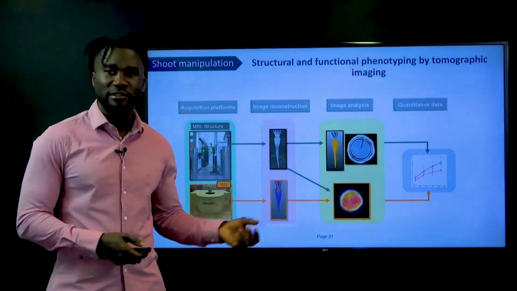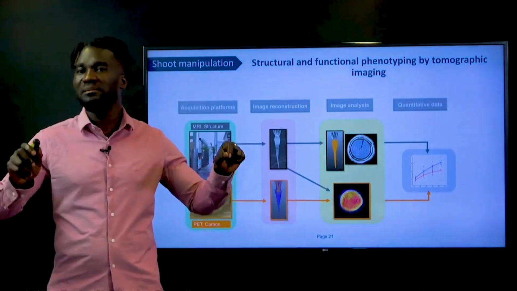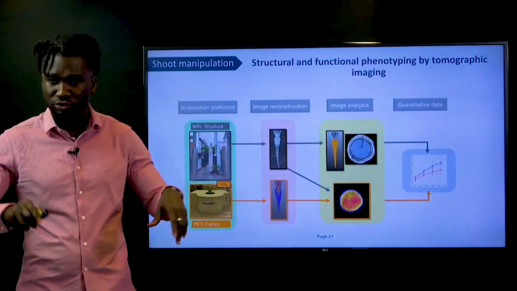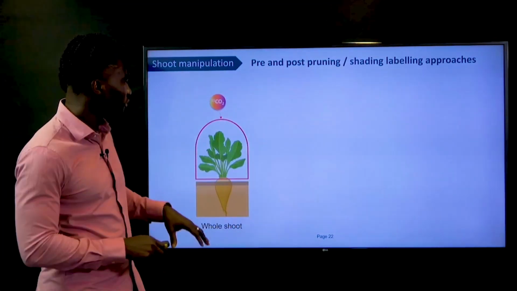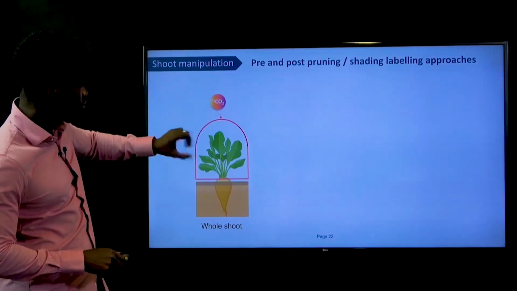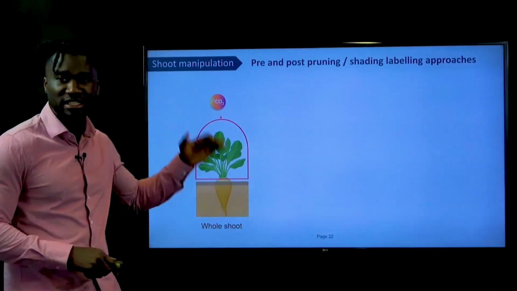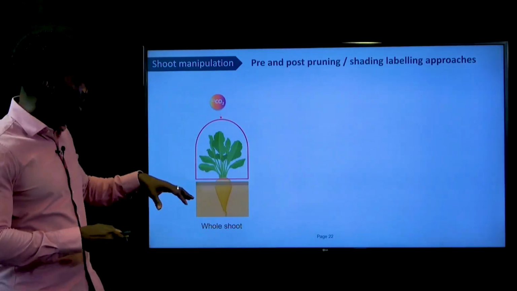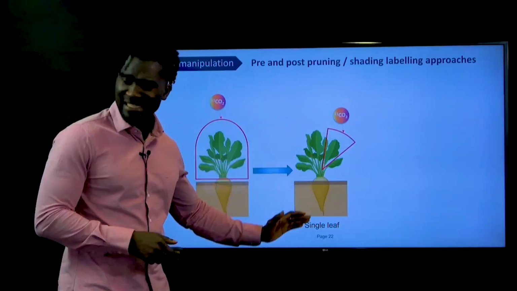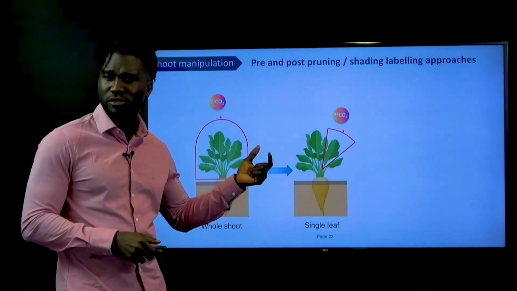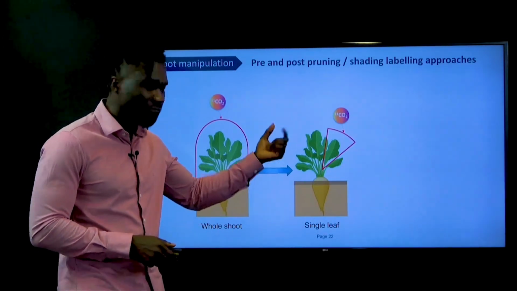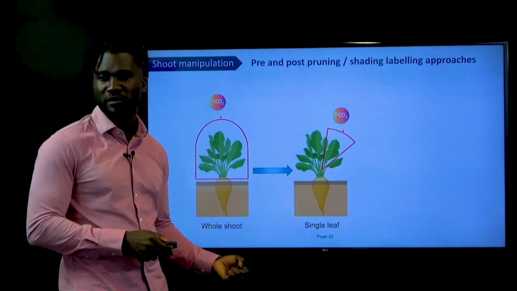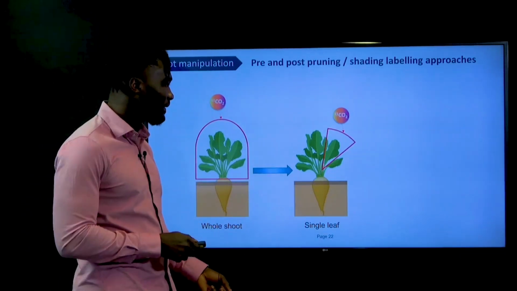Once again, same technologies, but a bit different labeling approaches, which I will briefly introduce to you. So first of all, we labeled the whole shoot of a sugar beet with 11C and monitored the distribution pattern. Following that, we singled out one source leaf, labeled it, and followed its distribution pattern within the taproot sink organ.